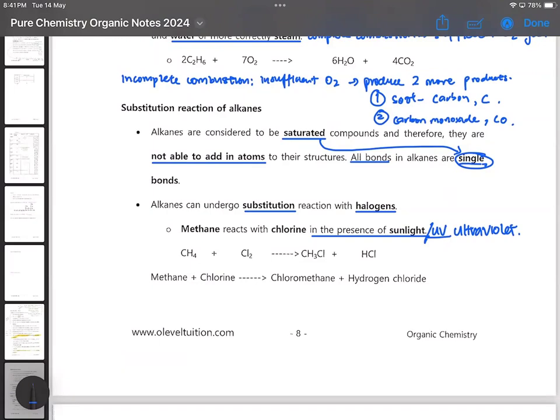You can see from the name and the chemical formula that methane, CH4, reacts with chlorine, Cl2, to form a compound called chloromethane, CH3Cl, and the last part, HCl, hydrogen chloride. This is not hydrochloric acid because hydrochloric acid needs to be aqueous. These are all fundamentally gases, so if I put the state symbols in, they are technically all gases.